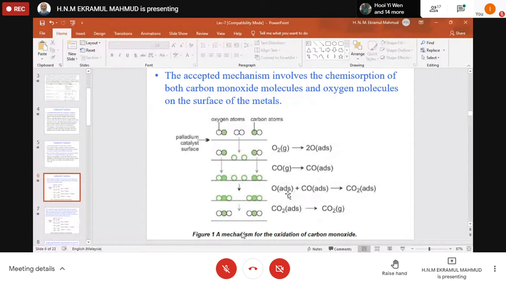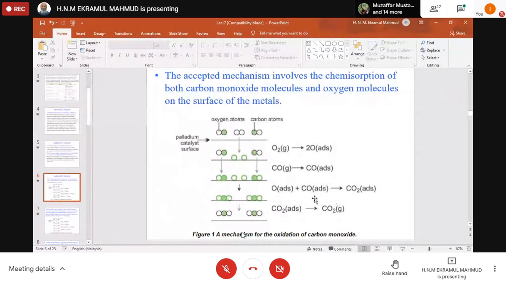Previously we discussed this in some class, right? Proper orientation is a requirement. It should be properly oriented, that means it should have this carbon-oxygen like this to be attached.